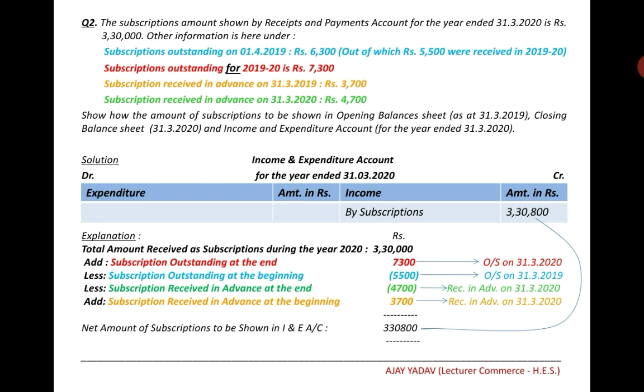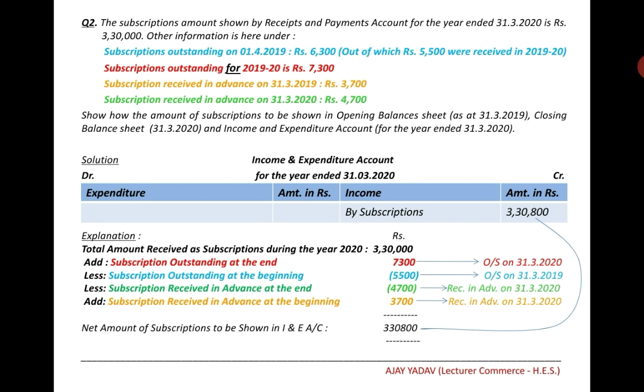In the income and expenditure account, as we discussed last, it is totally based on the calculation. First, we add subscription outstanding at the end, 7,300 rupees, to subscription received during the year 2020.